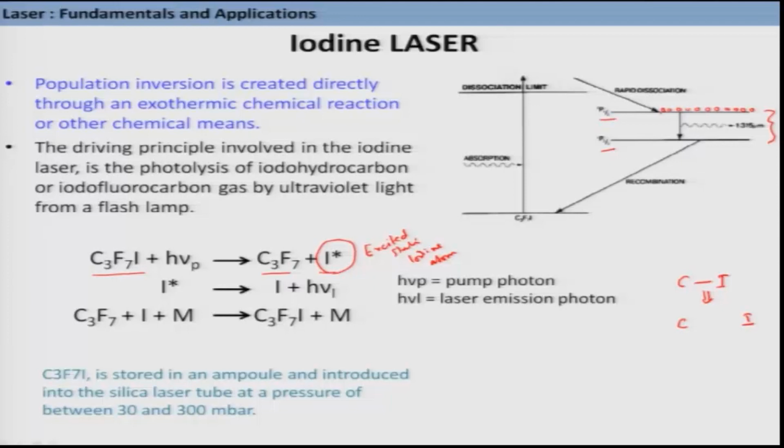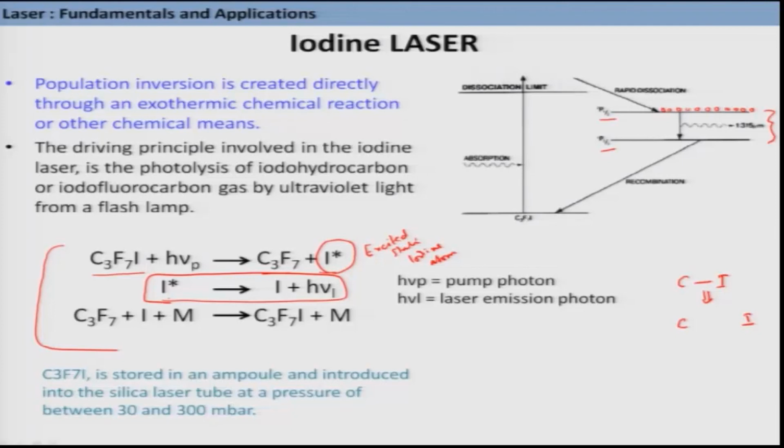This particular transition will give me my laser output, and the wavelength corresponding to this laser output is 1.315 micron. This is the whole procedure given in this reaction scheme, so you essentially have this particular step responsible for the laser action.